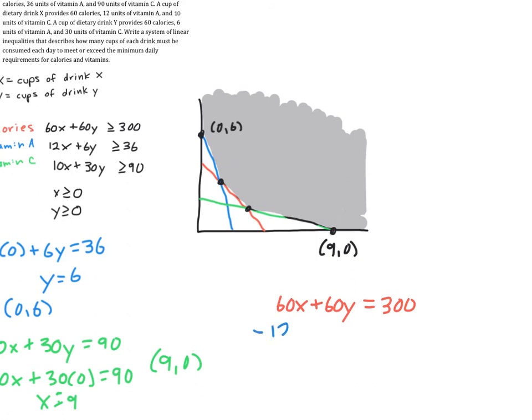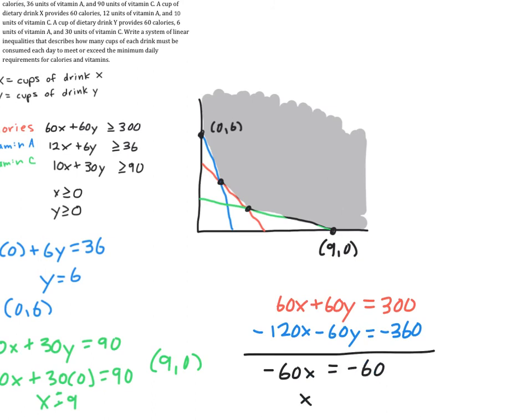So negative 120x minus 60y equals negative 360. So now we can solve for x. So we have negative 60x equals negative 60. So x will equal 1, and if you substitute that back in, we get y equals 4. So this coordinate is 1, 4.